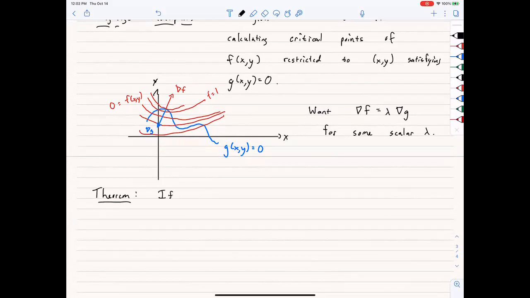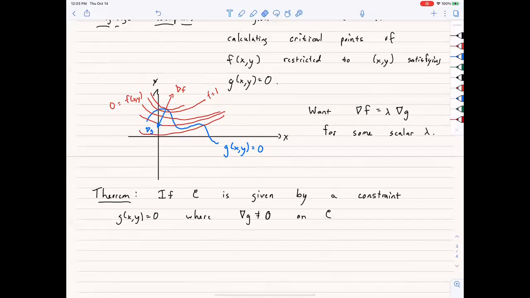Suppose C, which stands for curve, although again this is something you can do in any dimension, is given by a constraint g of xy equaling 0, where here we really do need to make the assumption that the gradient of g is always non-zero on C. And of course, the 0 on the right-hand side there is a zero vector.